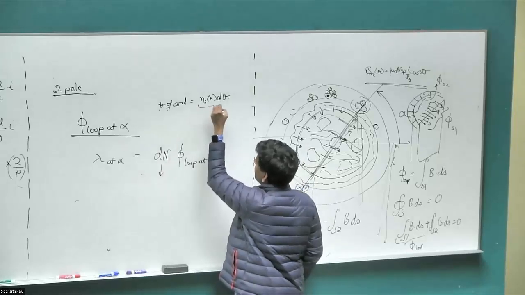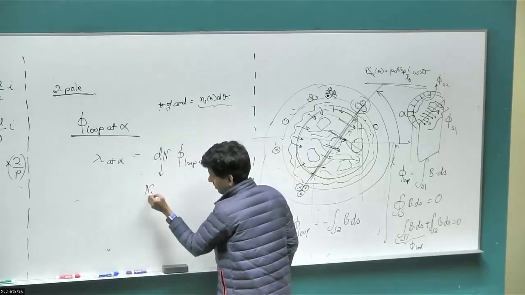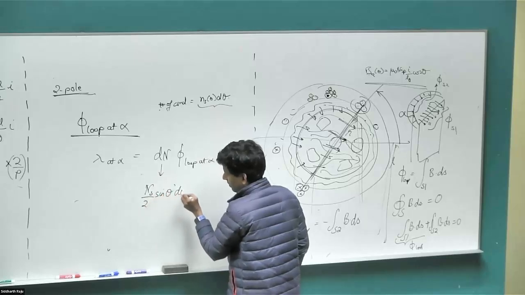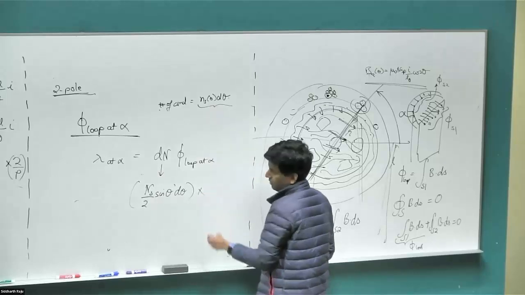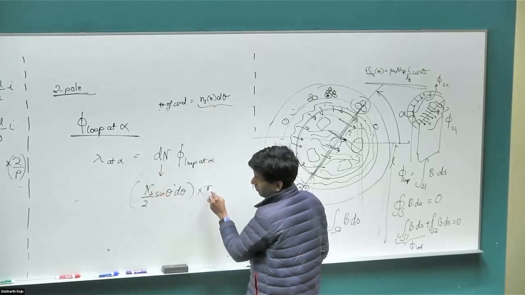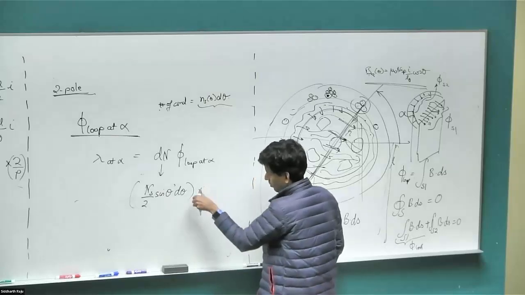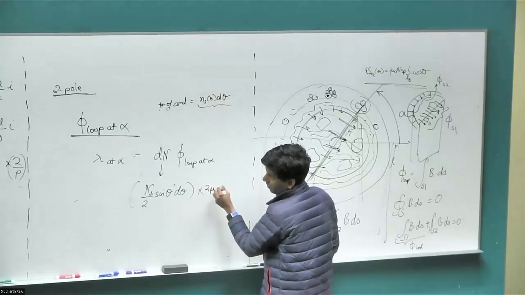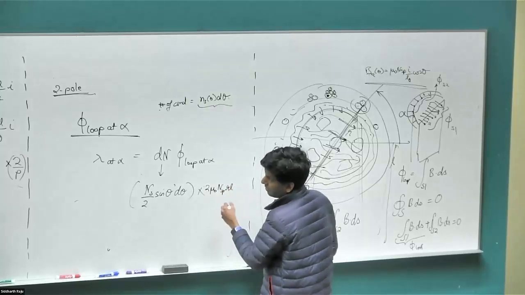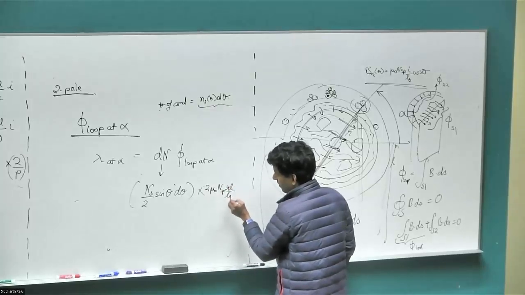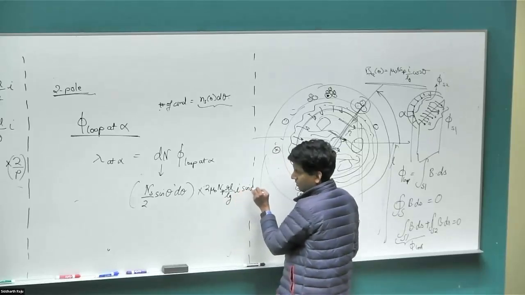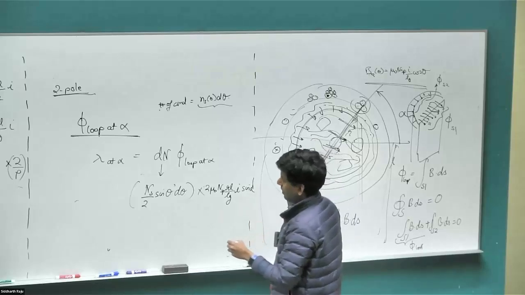The number of conductors is Ns divided by 2 times sine of theta times d theta, times the flux at the loop from the expression before: mu naught times 2 times mu naught NSP RL divided by LG times I times sine of alpha.